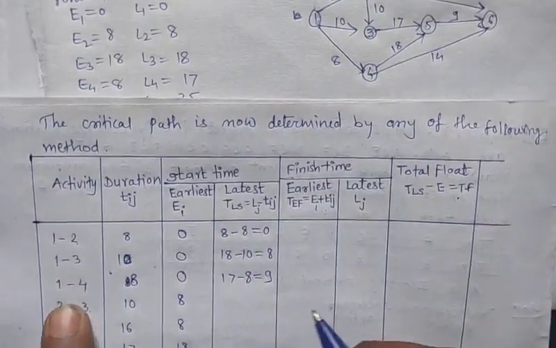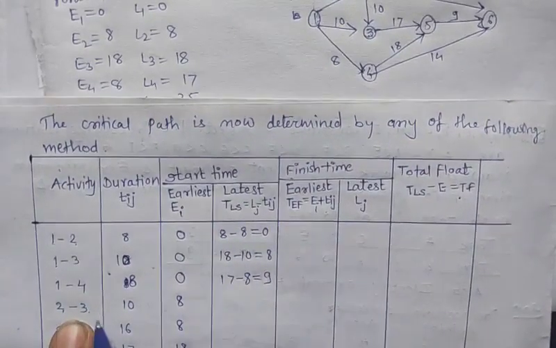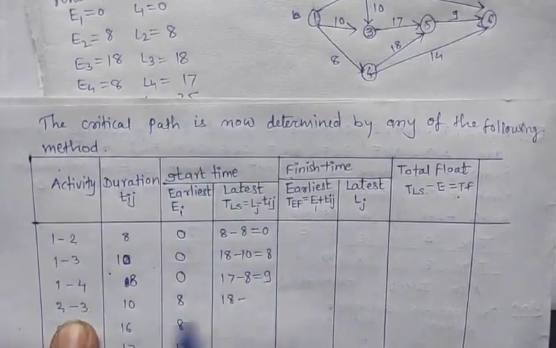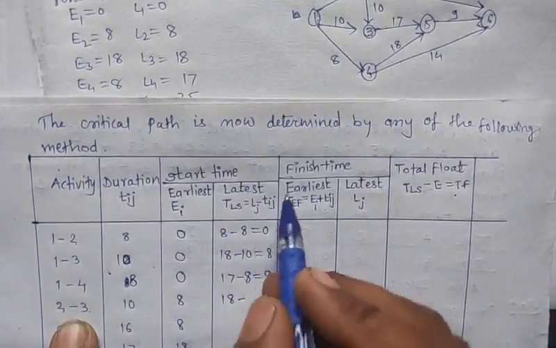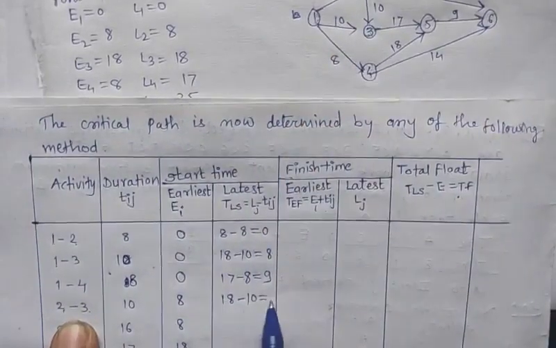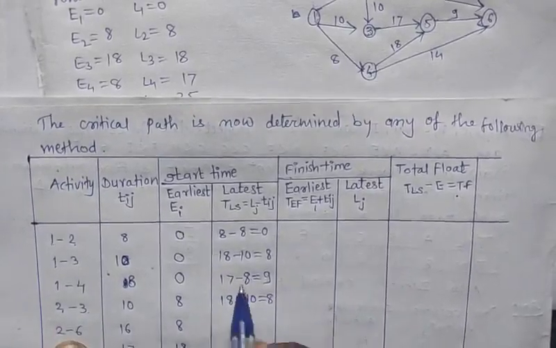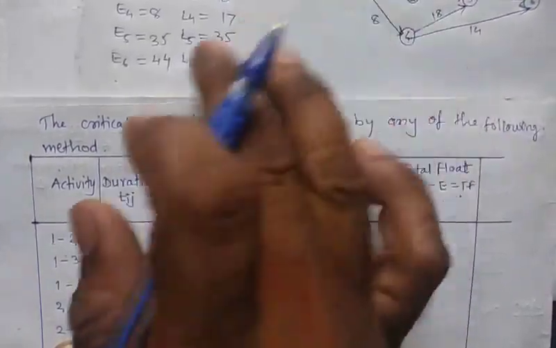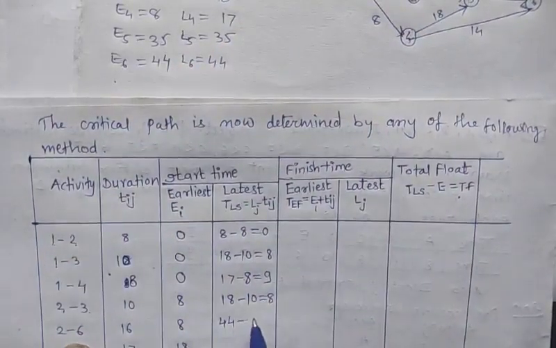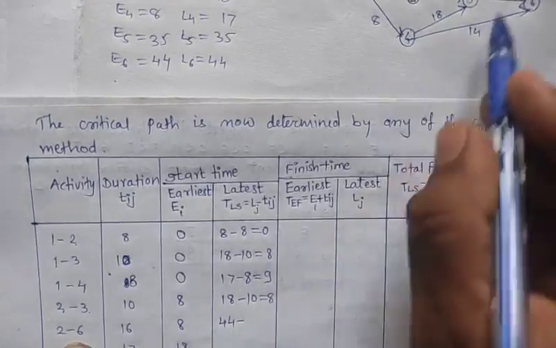Okay, next L3: the value of L3 is 18 minus T23 having value 10, which is 18 minus 10, equal to 8. Next L6: the value of L6 is 44 minus T26.